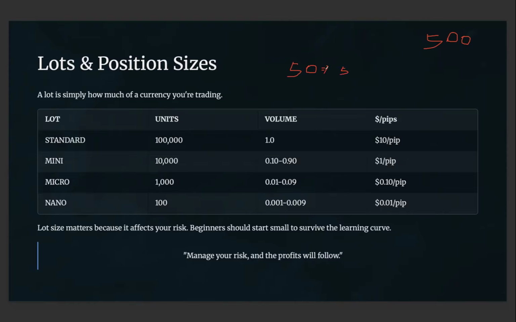So what times 5 will give you 50? It is 10. So since a 0.10 equals 10, it means that 10 times 5 will give you 50.